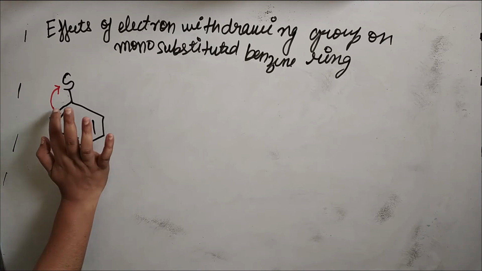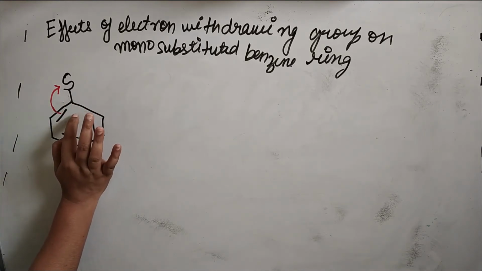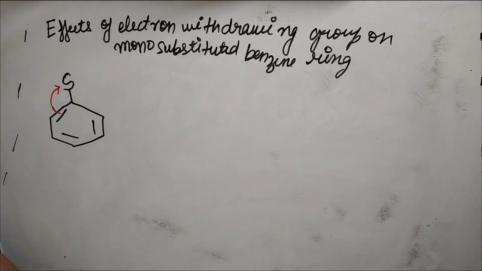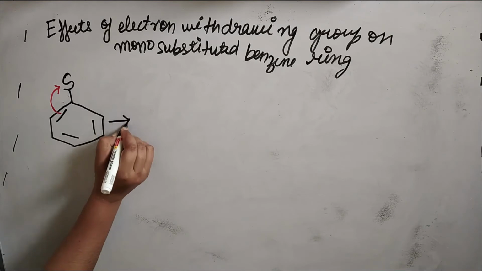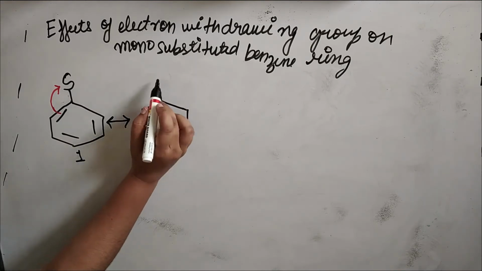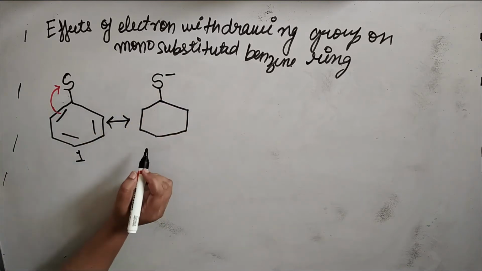It will withdraw the electrons from the benzene ring toward itself. So this is the first case, where this bond breaks and the electrons move to the electron withdrawing group. What would be the effect? This is structure 1. This S will get a negative charge because the electrons are taken by this S.